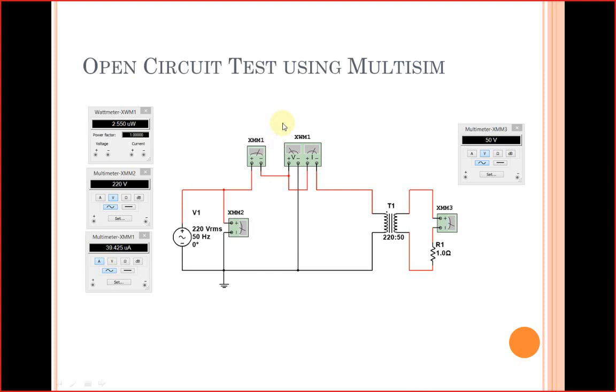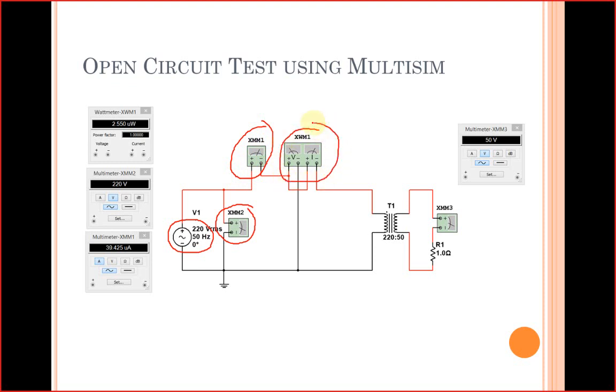As we cannot access our lab in this condition of partial lockdown, we will perform this lab using Multisim. For the open circuit test, you can see the Multisim diagram here. I have connected an AC power supply of 220 volts, and then we have a multimeter which we are using as a voltmeter, and another multimeter we are using as an ammeter.